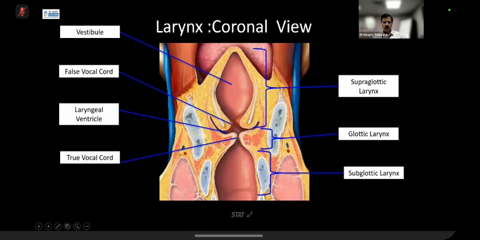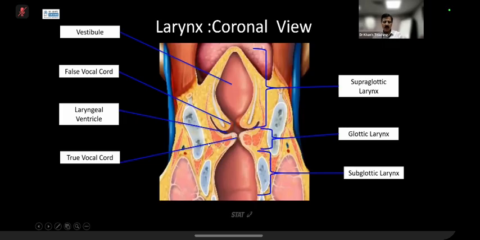And then is the true cord. Inferior to that is the infraglottis, which includes the cricoid cartilage, and then will be the trachea. So these are the three levels. Once again: vestibule, false cord, true cord, and this is the ventricle.